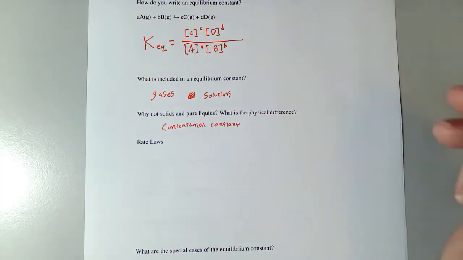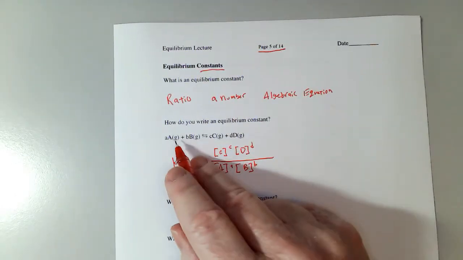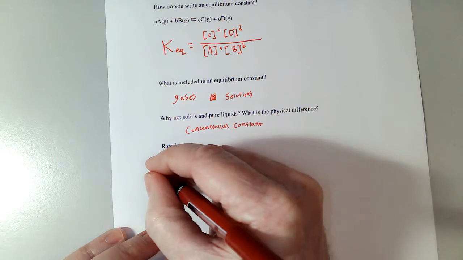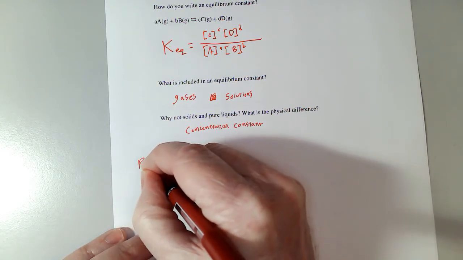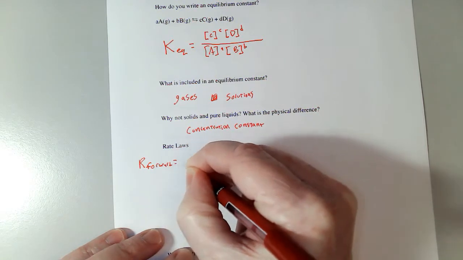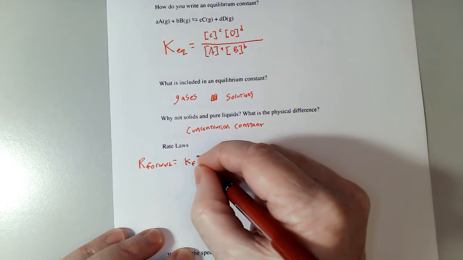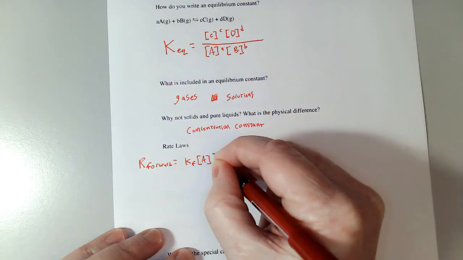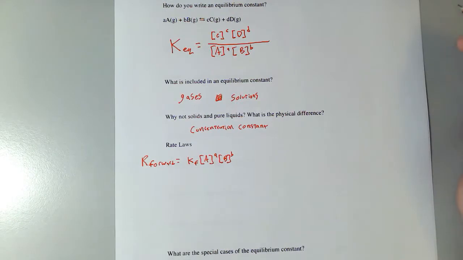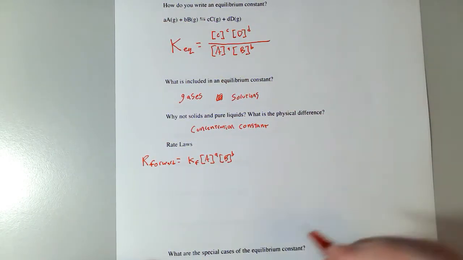Now, this actually can be traced back to rate laws connected with it. Let's imagine that this is an elementary step, and I can write the rate law for the forward reaction, R forward, equals K forward, the rate constant for the forward reaction, times A to the A and B to the B. And because it's an elementary step, those can just be the stoichiometric coefficients.